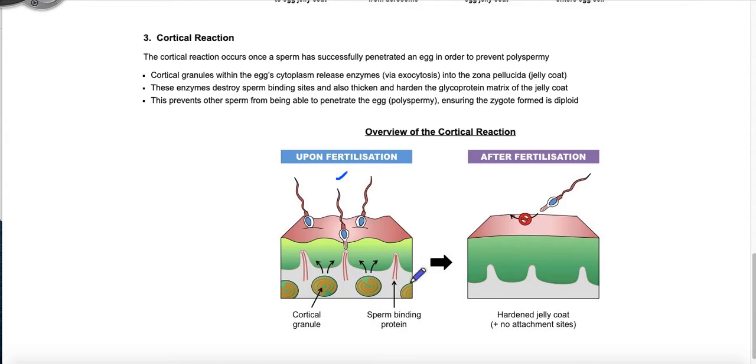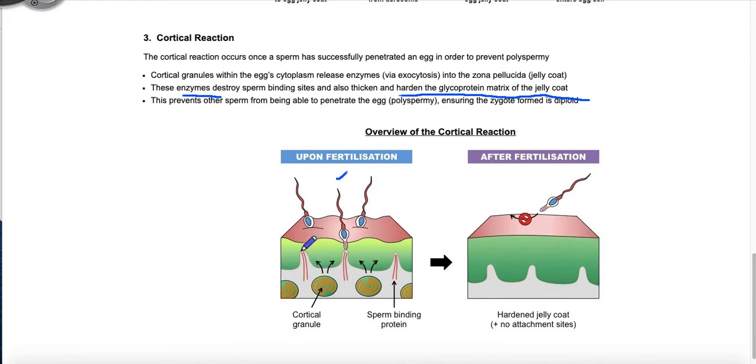But once that happens, besides the enzyme destroying that jelly coat, which allows this sperm to enter, once that head or that nucleus enters, those enzymes are also going to harden the glycoprotein matrix of the jelly coat. So that's going to prevent other sperm from attaching.